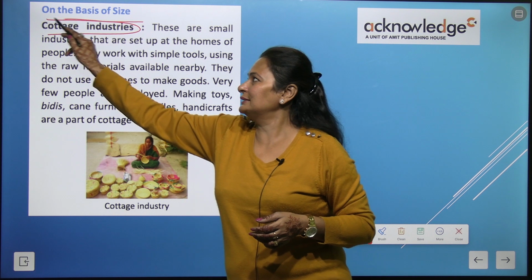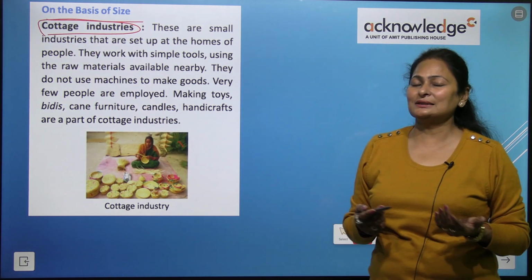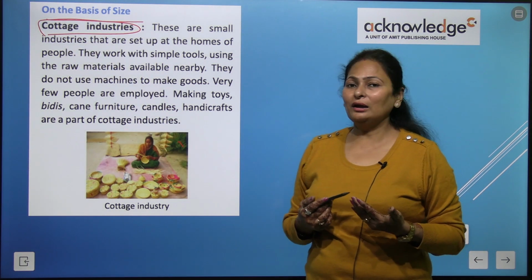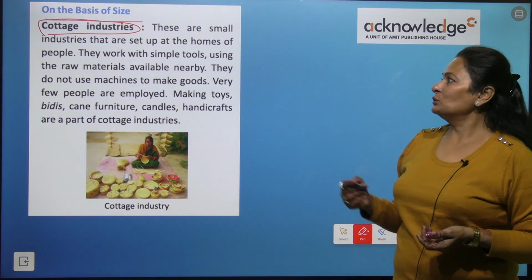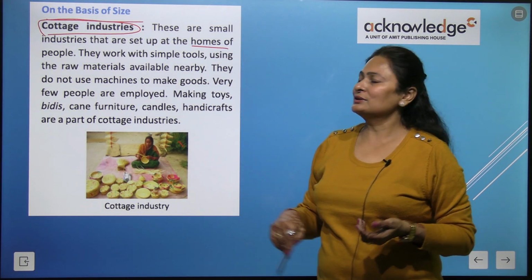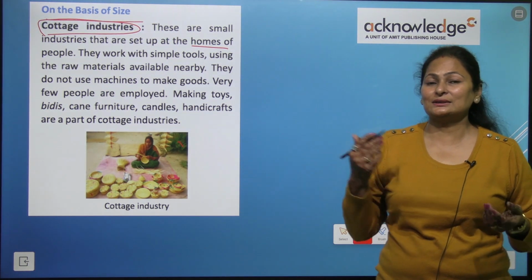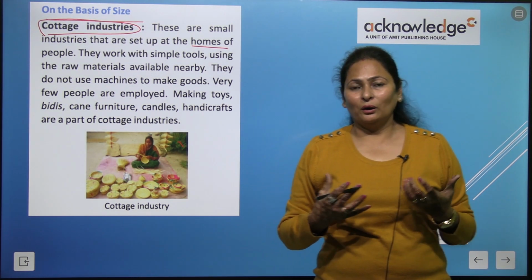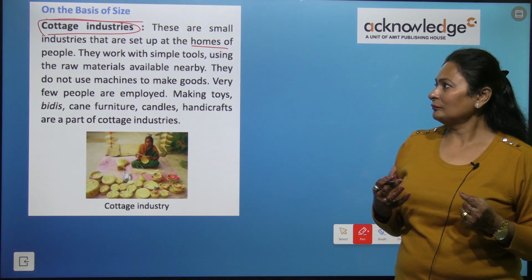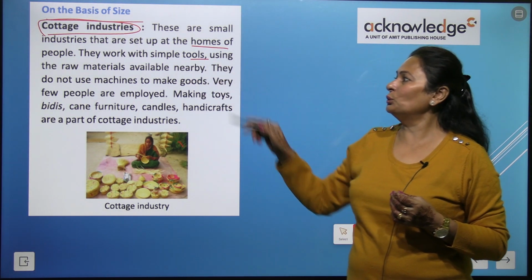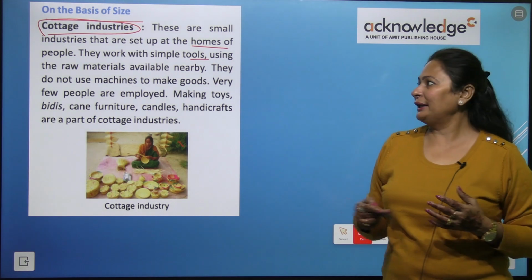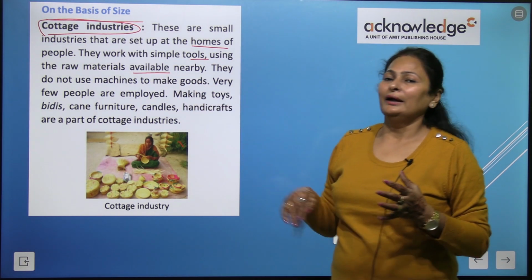As the name suggests, cottage industry means it is a very small industry, right? To set up this industry, a family can set it up in their home only. They work with simple tools using the raw materials available nearby.